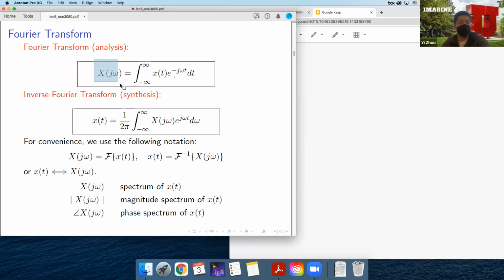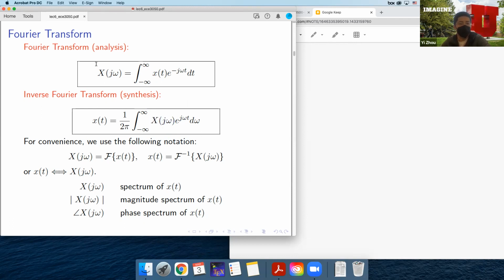Once you have the transform, it gives a spectrum representation in the Fourier domain. With this spectrum, we can synthesize and recover the signal by linearly combining all the eigensignals with the corresponding spectrum coefficients. By doing so, we can recover the original signal. This is defined as the inverse Fourier transform.